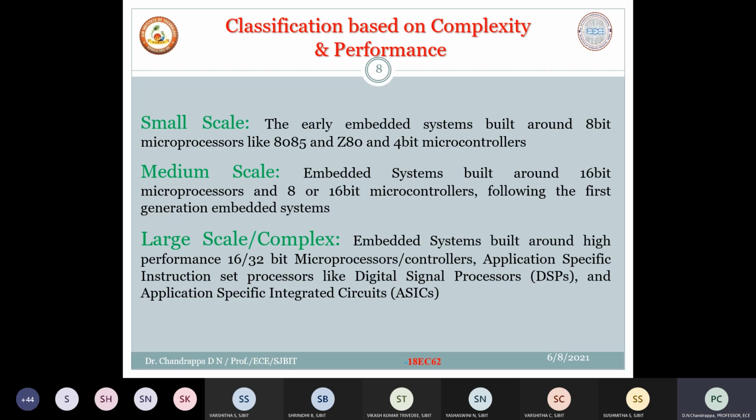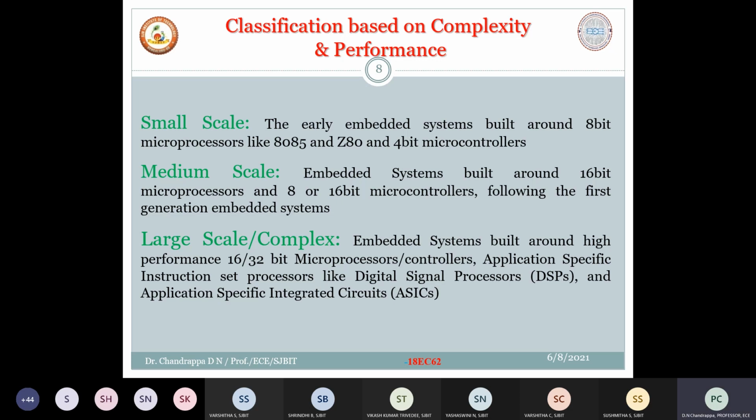These all come under small scale integrated circuits or embedded systems. Along with that, 4-bit microcontrollers were also used during this complexity. The complexity is nothing but small scale complexity.